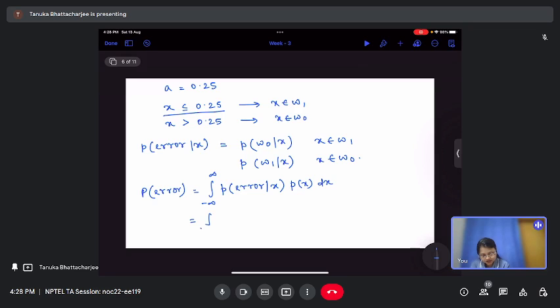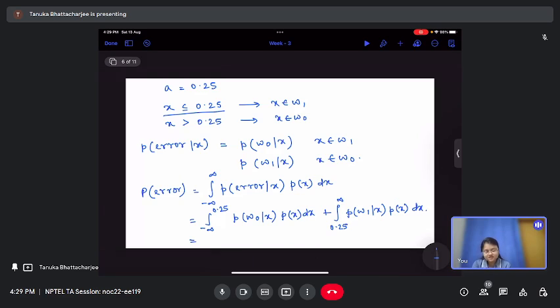So for minus infinity to 0.25, this is probability of omega 0 given x times p of x dx, and after that from 0.25 to infinity, you are taking the action x is an element of omega 0. So the probability of error given x is probability of omega 1 given x. So this is becoming this.